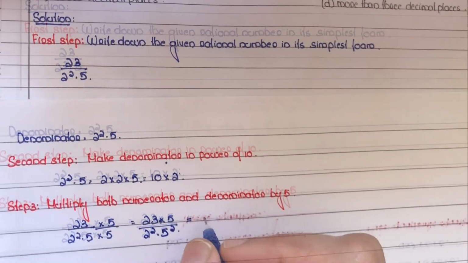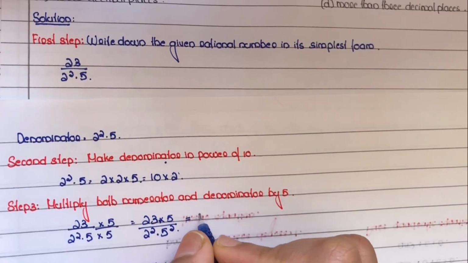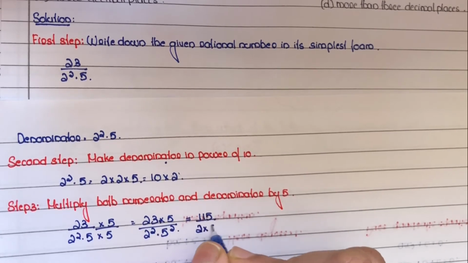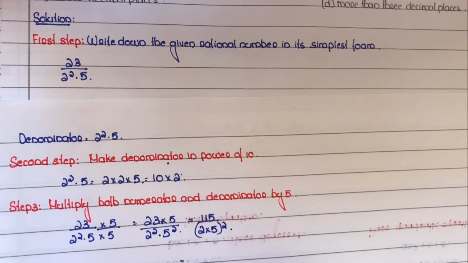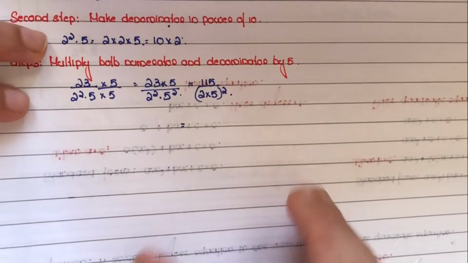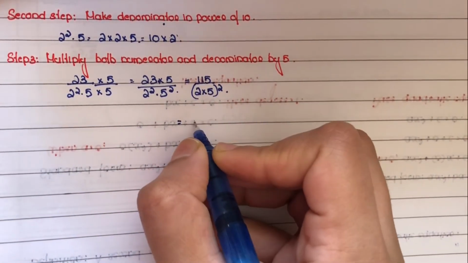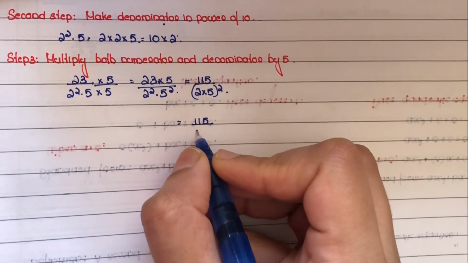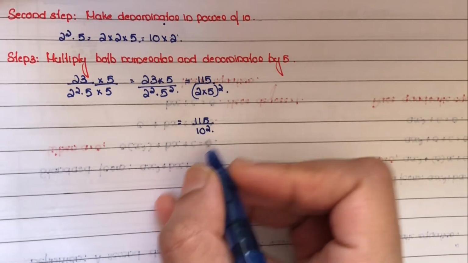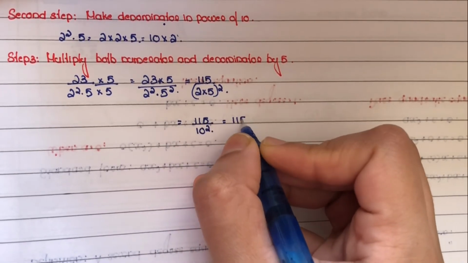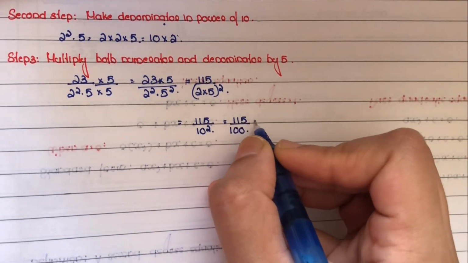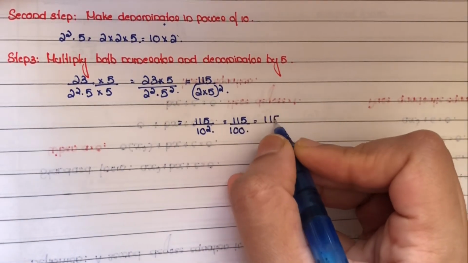That is equal to 23 into 5 is 115 by 2 into 5 whole raised to 2, that is equal to 115 by 10 raised to 2. 115 by 10 raised to 2 means 1.15.